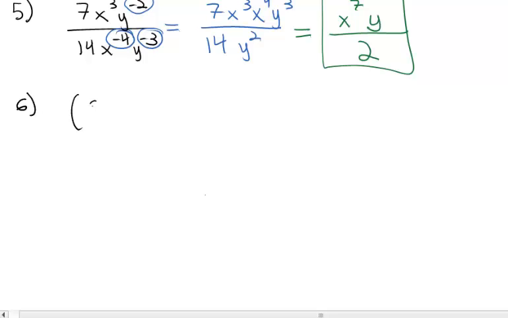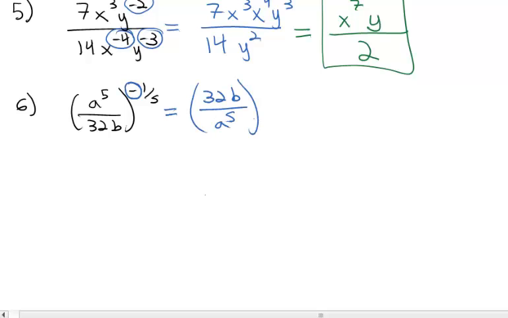Let's try a to the 5th over 32b to the negative 1/5 power. I like to do negative exponents outside of parentheses in 2 steps. One step, the negative flips it over, 32b over a to the 5th, all to the 1/5 power.